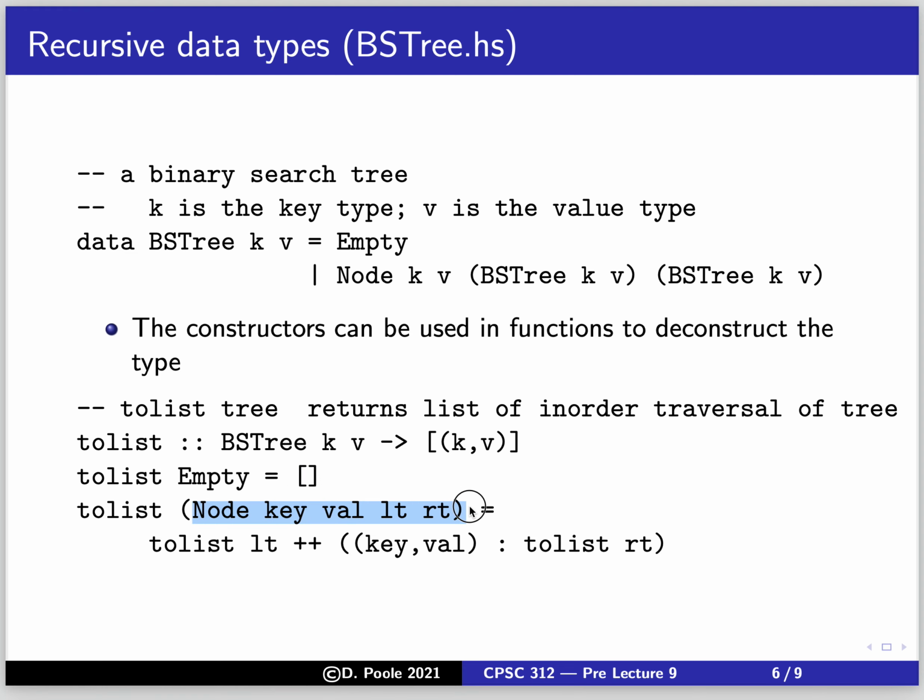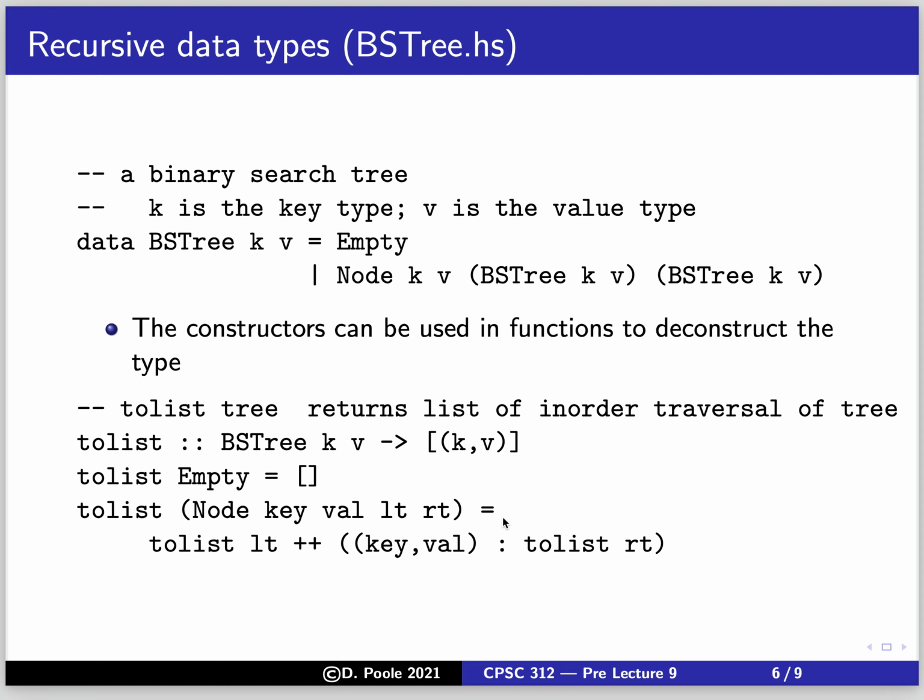Otherwise, it's going to be of this form, the node, key, value, the left tree and the right tree. And to do that, I want to recursively convert the left tree to a list, because that's a binary search tree. Then I want to append the list whose first element is this particular key and value, and then I want to append that to the right list, the to list of RT.